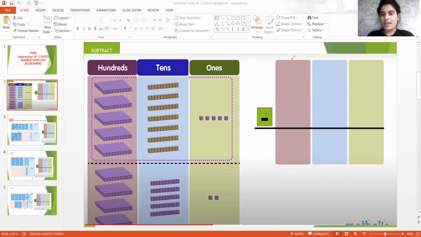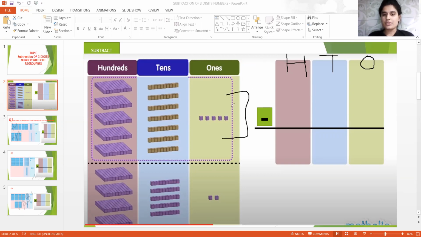So first we find out the number. For finding the number, we have to write hundreds, tens, ones. Okay, ones, tens, hundreds. So first we see how many ones over here.